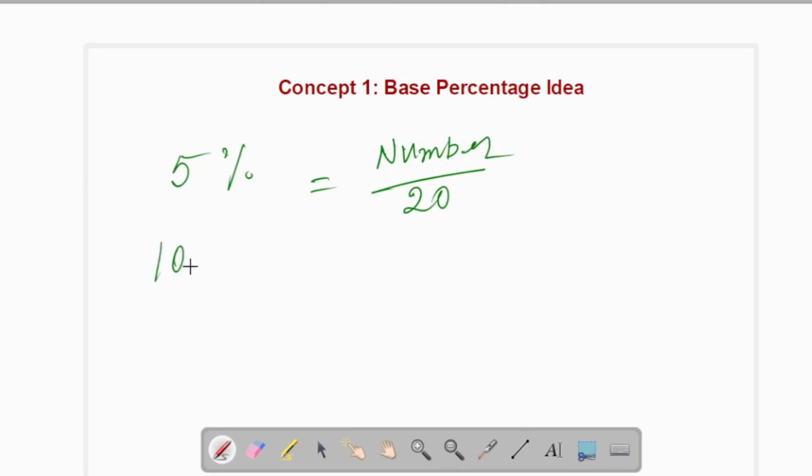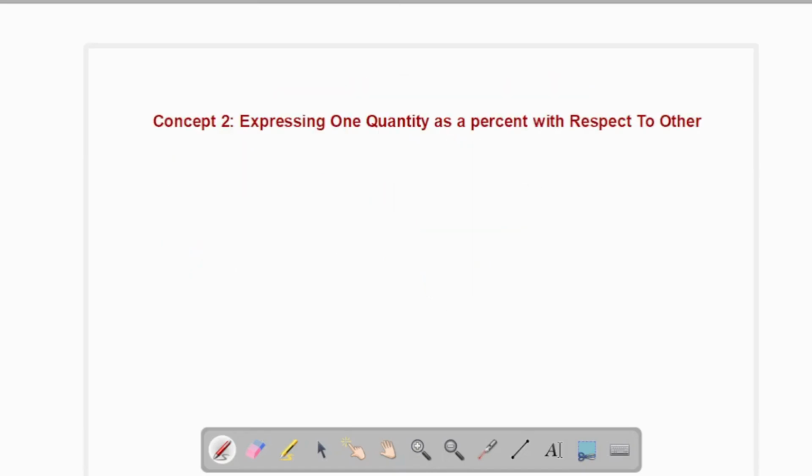If I show you 10% of a number, that means the number divided by 10. So always remember that a percentage always denotes a fraction. If you remember those fractions, it will be much easier for you to understand percentages.